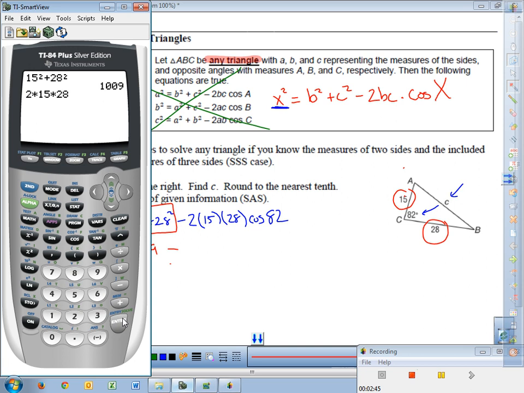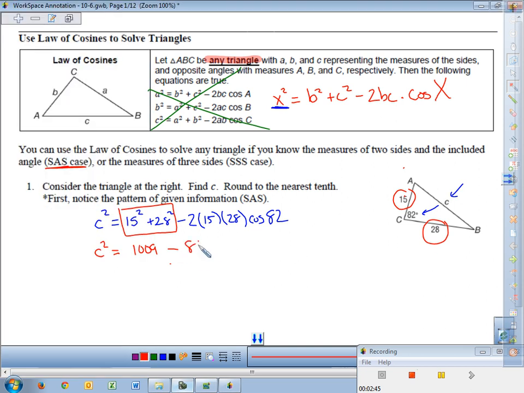So just making this look a little prettier for myself. 840 cosine of 82. And here's the thing you've got to understand about this lesson today, there is some multiplication going on right here between this number and the cosine of 82. You cannot subtract the 1,009 and the 840 because the order of operations would get violated due to this multiplication step right here. So just write it down like this.